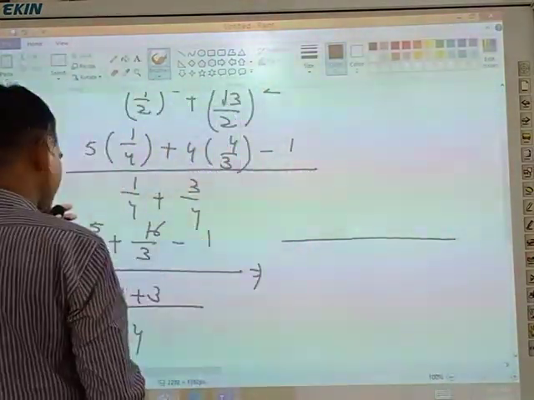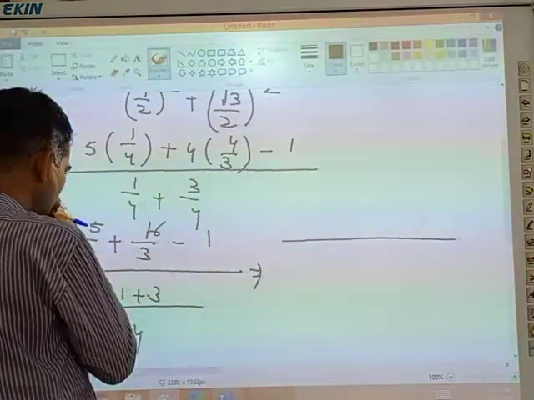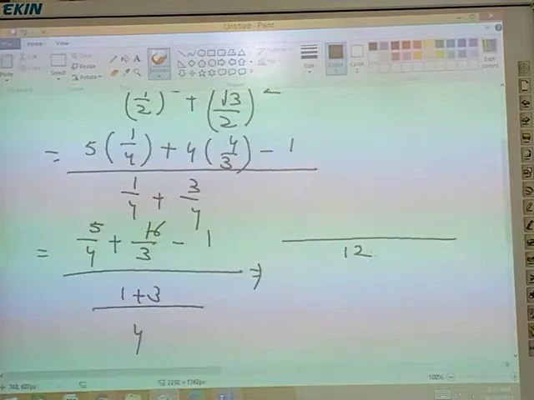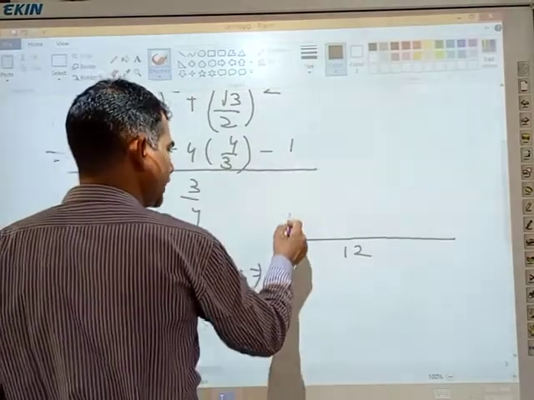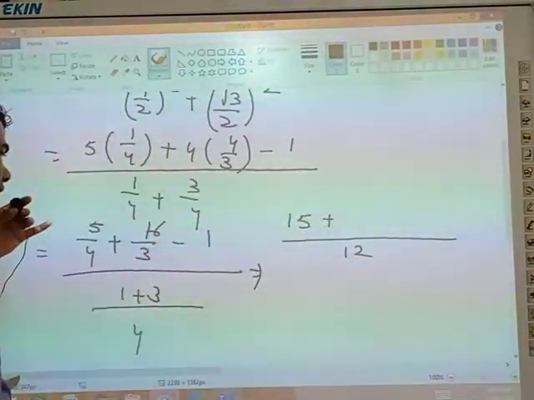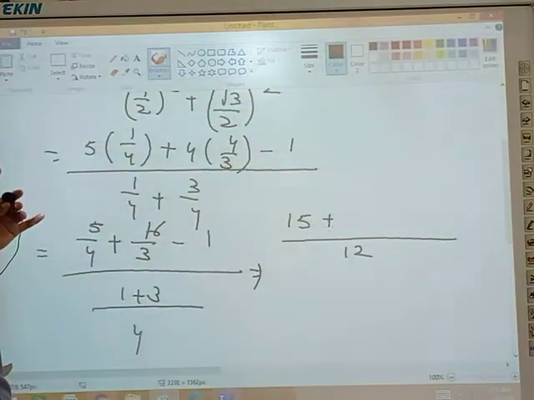LCM of 4 and 3 is 12. Now 12 divided by 4, 4 3s are 12, 3 5s are 15. Now 3 4s are 12, 4 16s are 64.